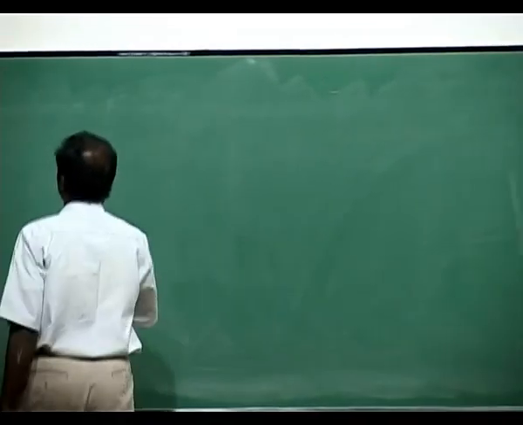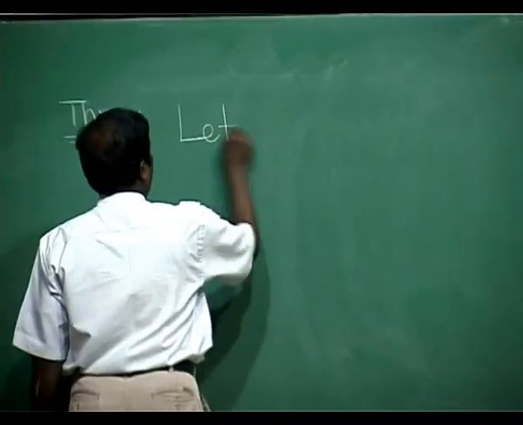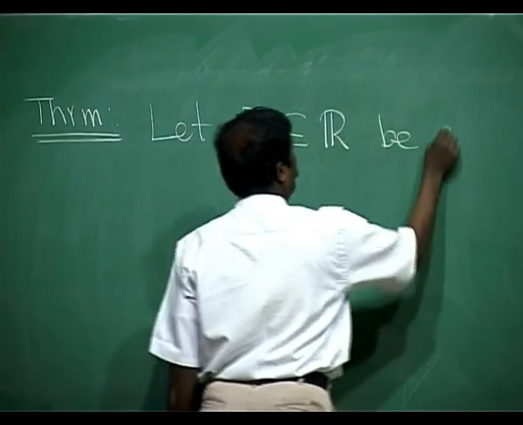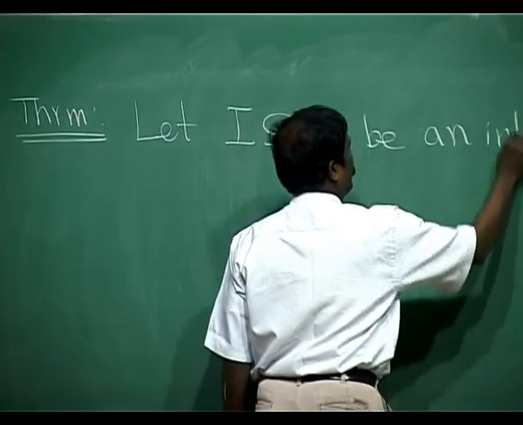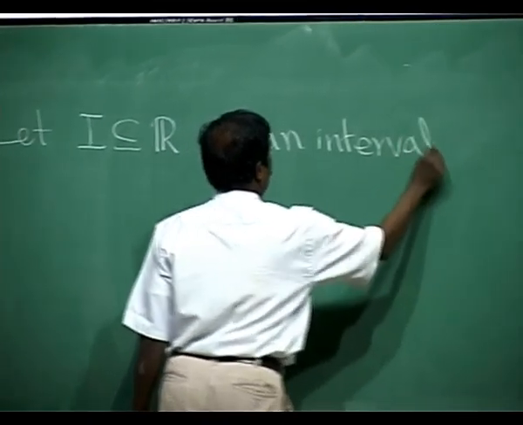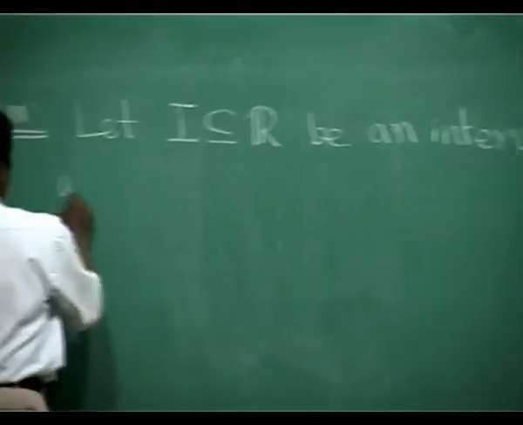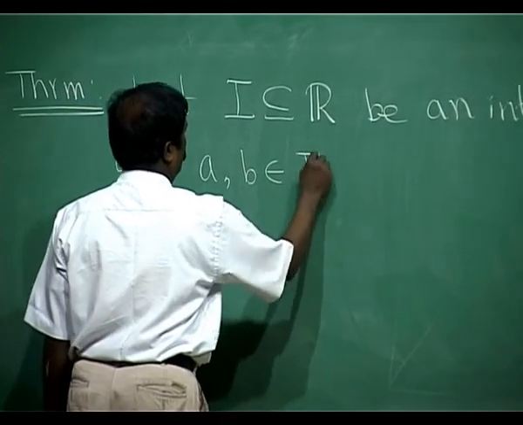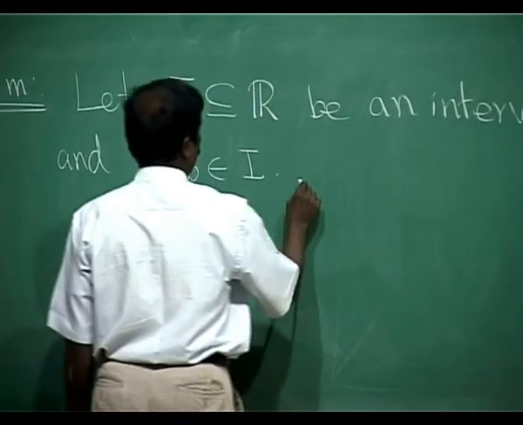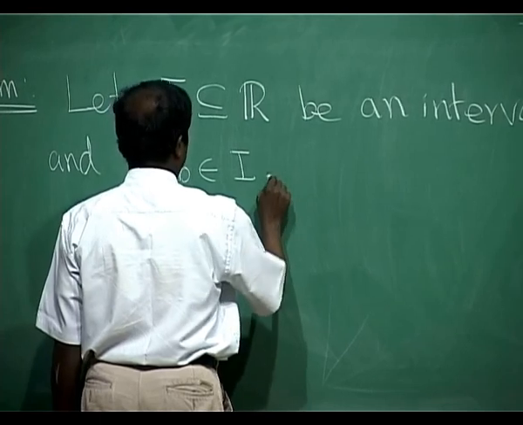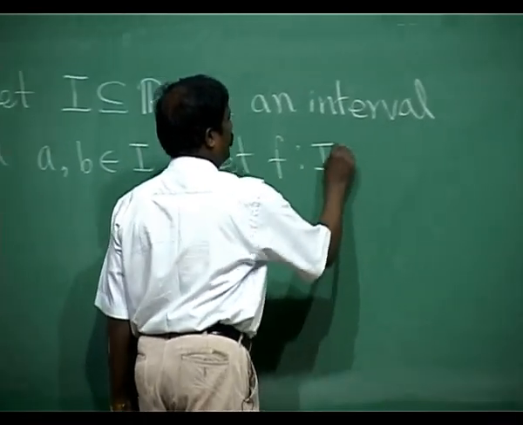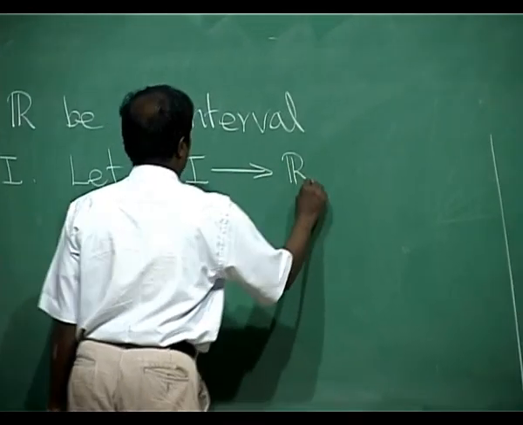Let I be an interval and a comma b belongs to I. Let f be a function from I to R, continuous.